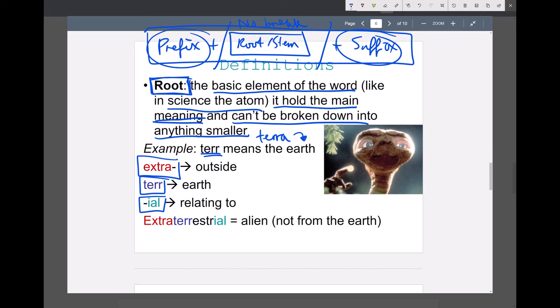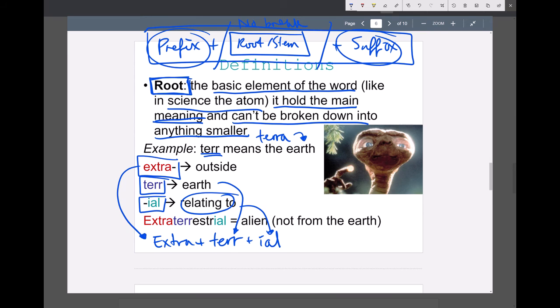So the word example here is extra plus ter. So no a here, because you're going to use a different vowel, io. So io means relating to, ter means earth, and extra means outside.